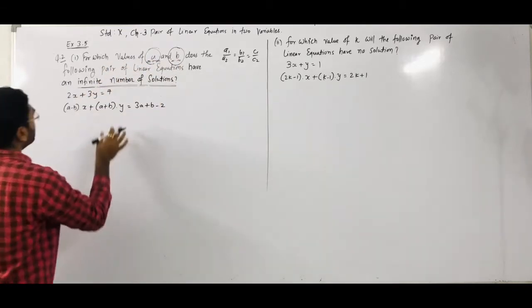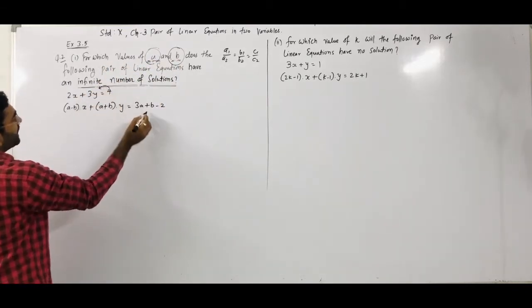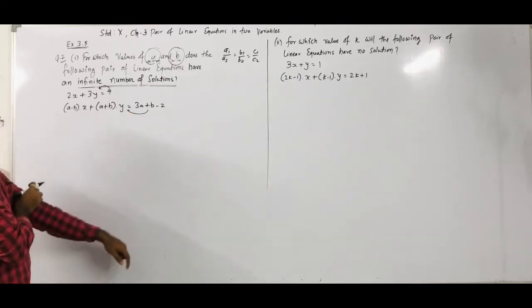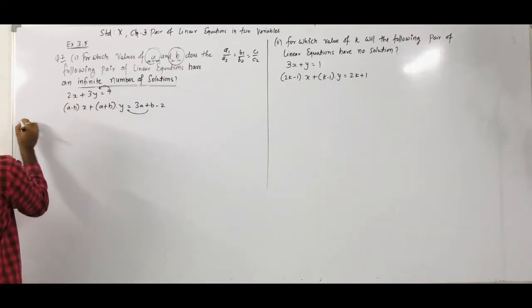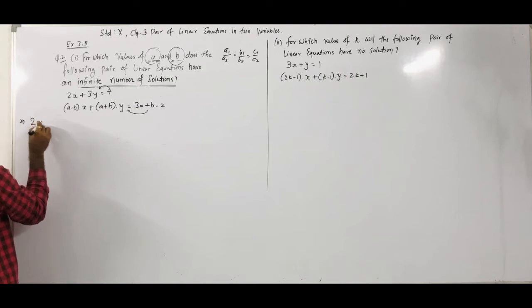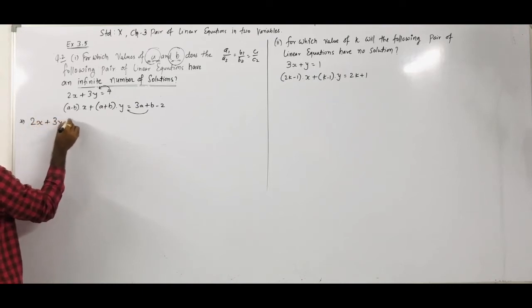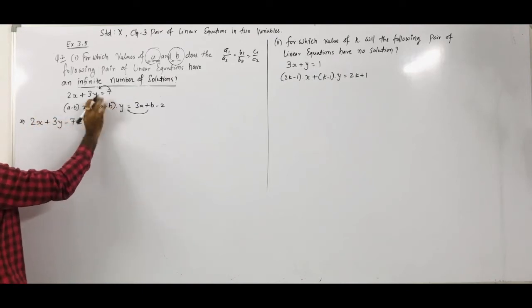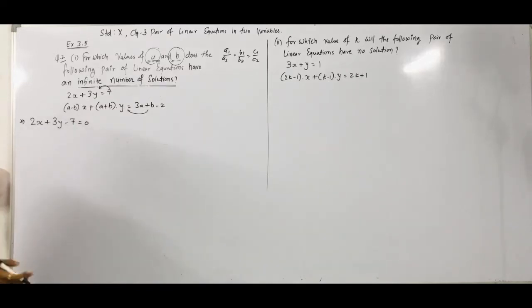In standard form, the right hand side must be 0. So we can rewrite the equation as 2x plus 3y minus 7 is equal to 0, because the plus 7 comes to the left hand side, so it becomes minus 7.